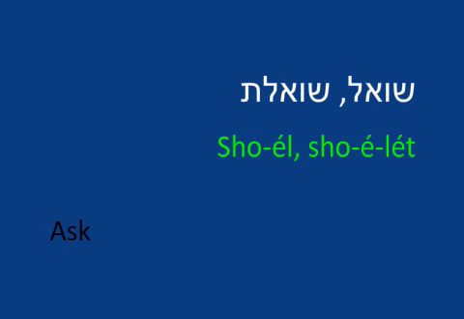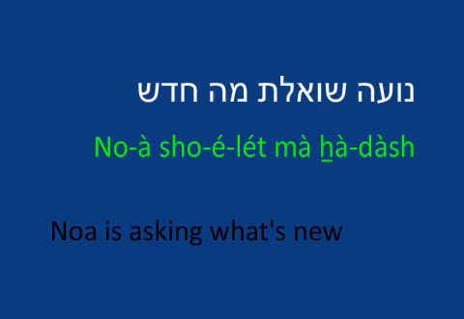Let's learn another verb. To ask. In the present tense, it's sho'el, sho'elet. We heard both the masculine and feminine forms respectively. Let's see an example. Noah is asking what's new.